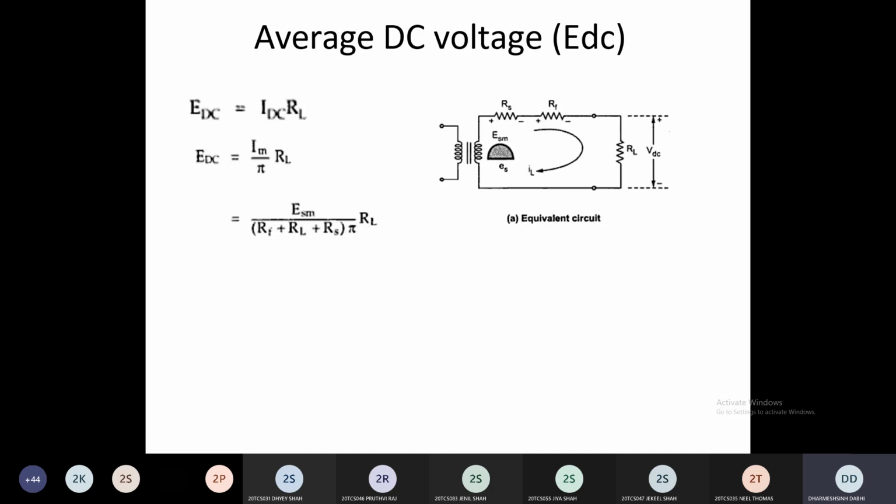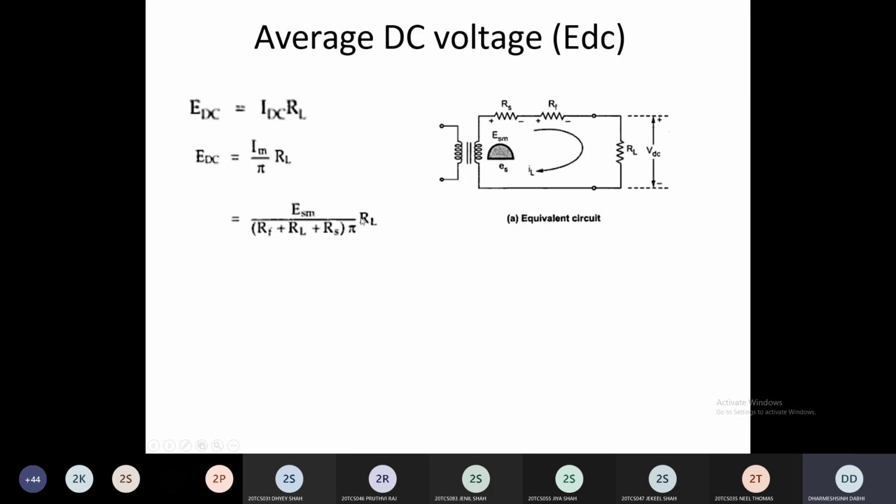Clear? So this is the value of average DC voltage. But again, as we know, the value of secondary winding resistance RS and RF is very small as compared to the load resistance. So if we neglect RF and RS, or assume they are 0, what is the value of your average DC voltage? That is equal to ESM into RL divided by RL into pi, because RF and RS are assumed 0.